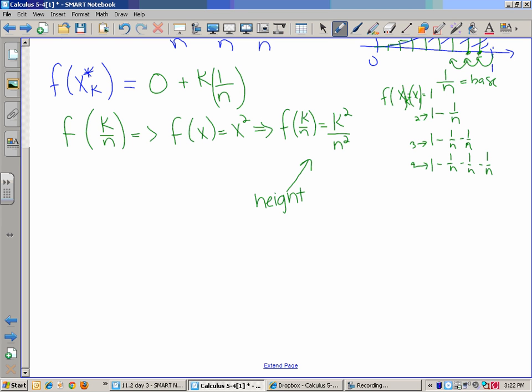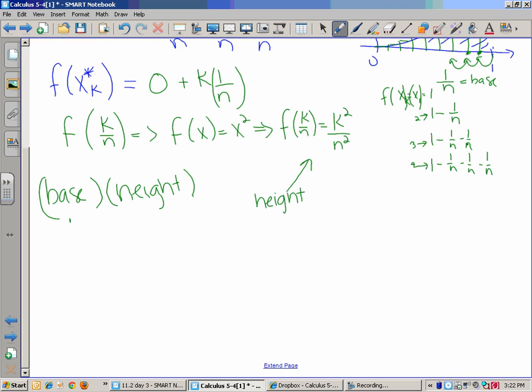Okay, so now I have my height, and I'm going to say, all right, base times height. I lost my head for a second. It happens. Base times height.